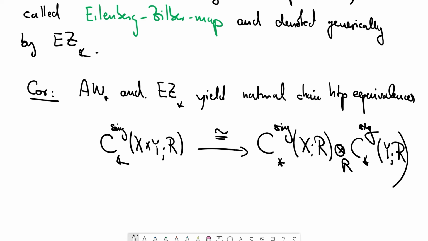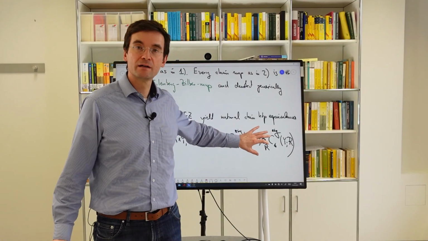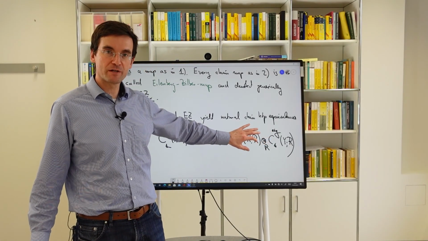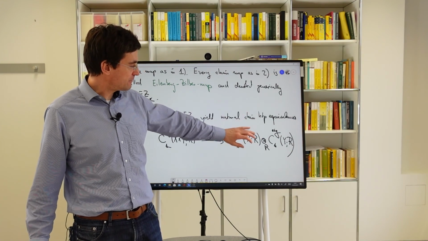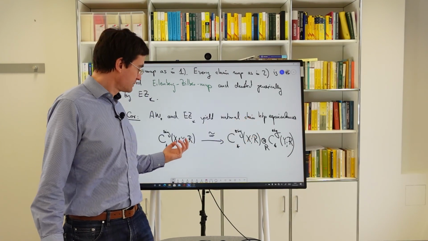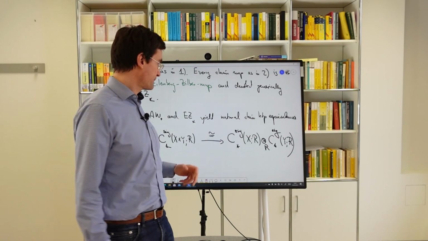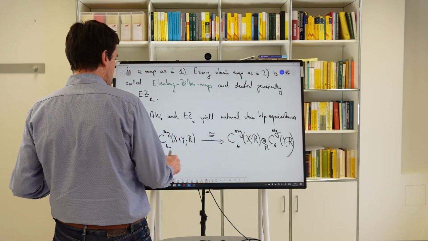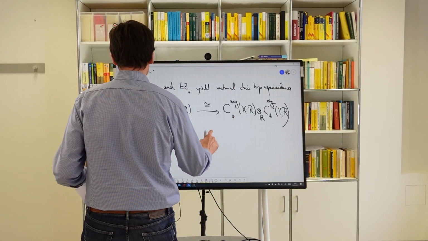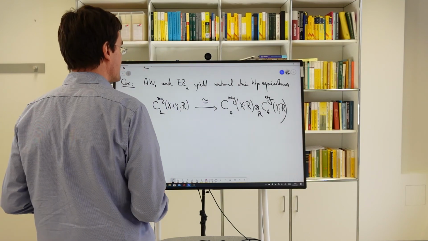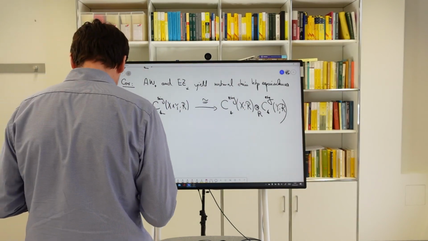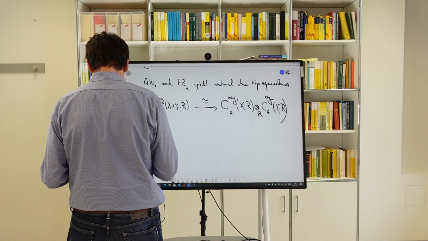And now we can apply whatever we know already from the homological algebra about tensor products of chain complexes and their homology to the product of two spaces. And combining this statement here with the abstract Künneth theorem gives us the following statement.